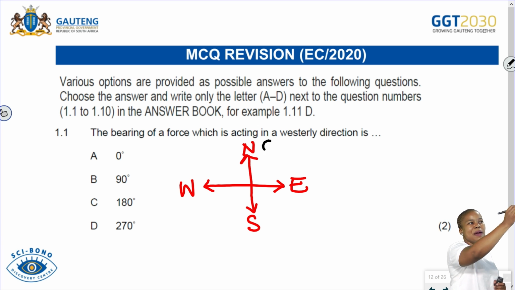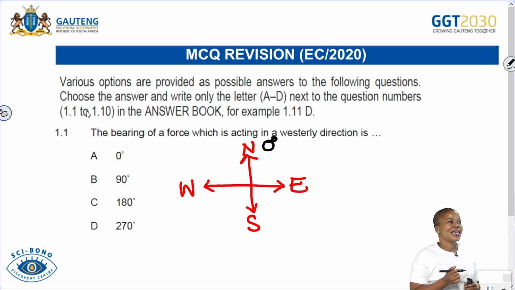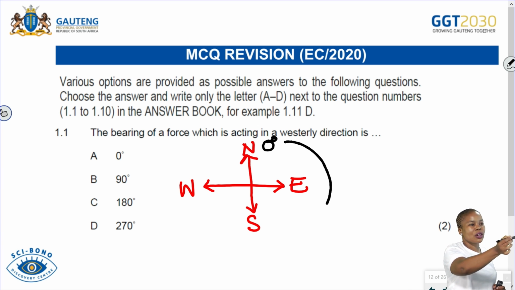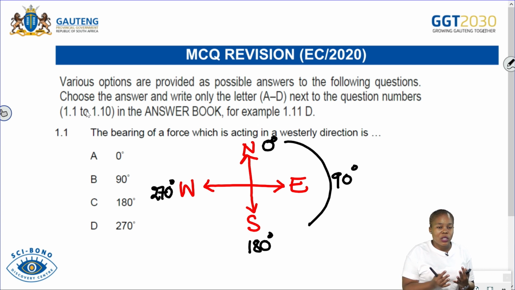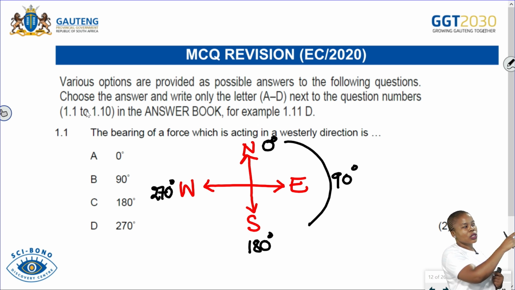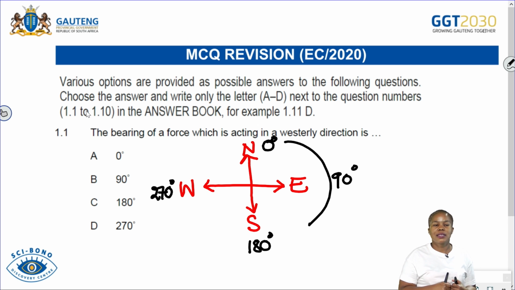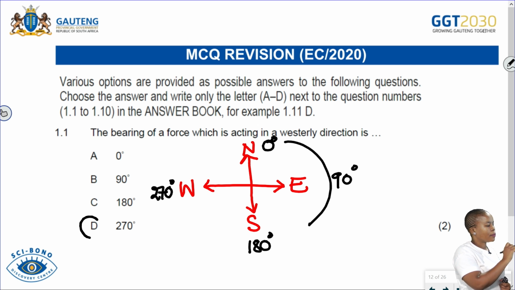So if this is my reference point, 0 degrees, and I start reading it clockwise, this makes the easterly direction 90 degrees, the south direction 180 degrees, and the westerly direction what? 270 degrees. So from this extrapolation, the westerly direction is 270 degrees. So the correct answer here is D.